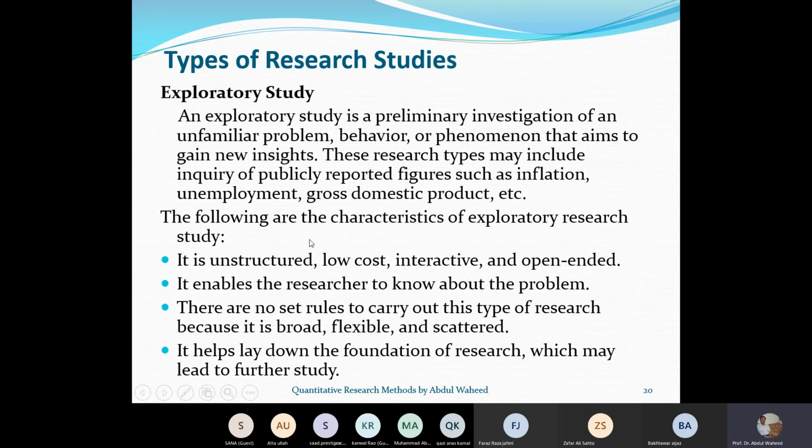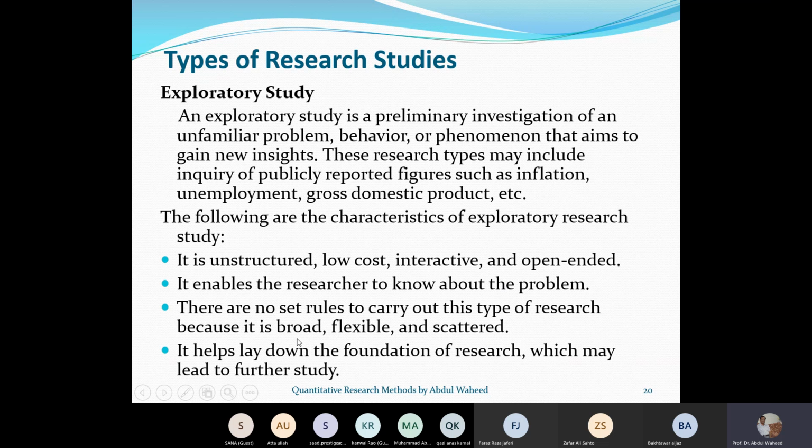Then we have the following characteristics of exploratory research. It is unstructured, okay, it's low cost, interactive, and open-ended, and enables the researcher to know about the problem. There are no set rules to carry out this research, because it's broad, flexible, and scattered. Because we are trying to explore, no?